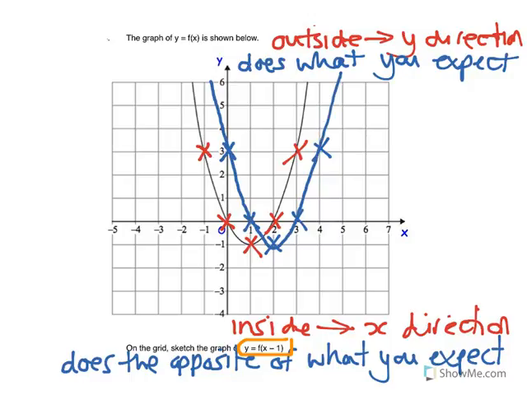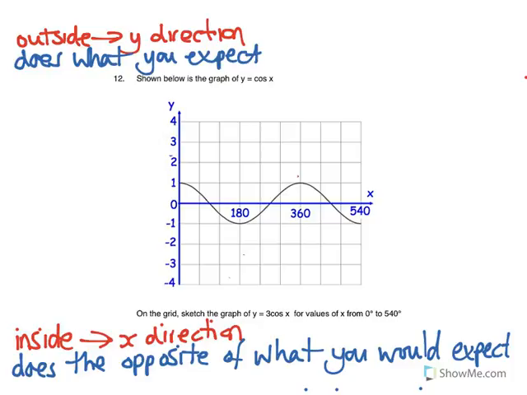So we'll have a look at a couple more. I've written down the key points there for you, so again, if it's on the outside of the brackets, the y direction does what you expect. If it's on the inside of the brackets, it's the x direction, so it does the opposite of what you expect. So, having a look at the graph we're being asked to draw, on the axis is y equals cos x, and we need to draw the graph of y equals 3 cos x.